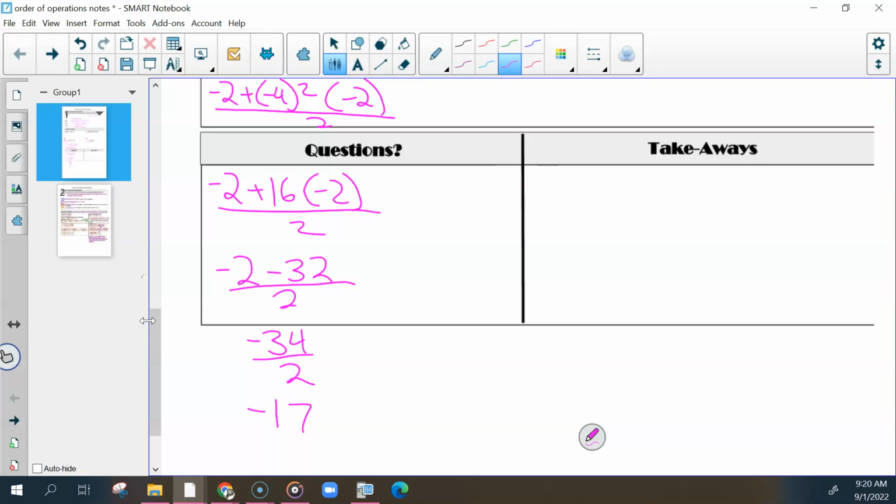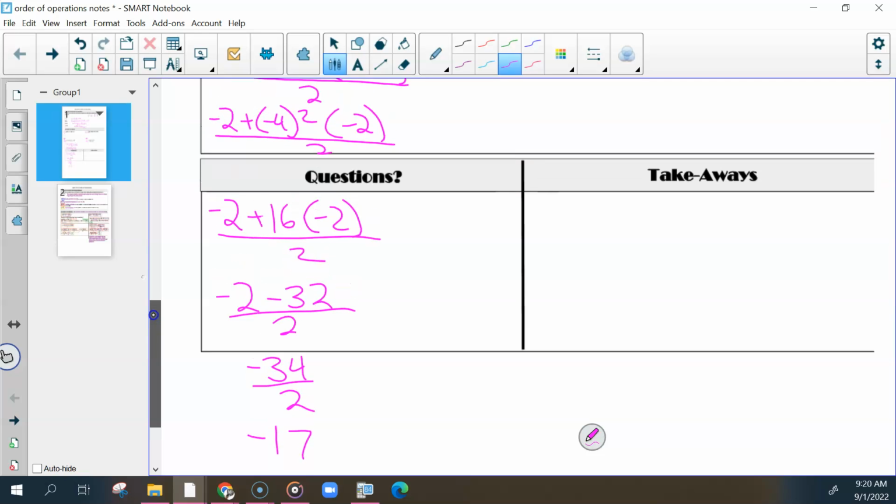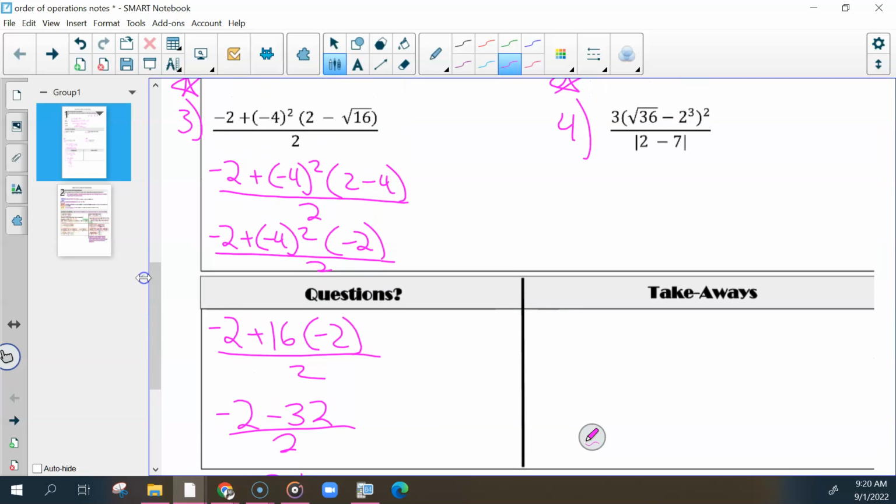Okay, questions on that one? With number 4, we have grouping. First, does anyone know what this is? What those bars represent? Absolute value, yes. Do we know what absolute value bars do?